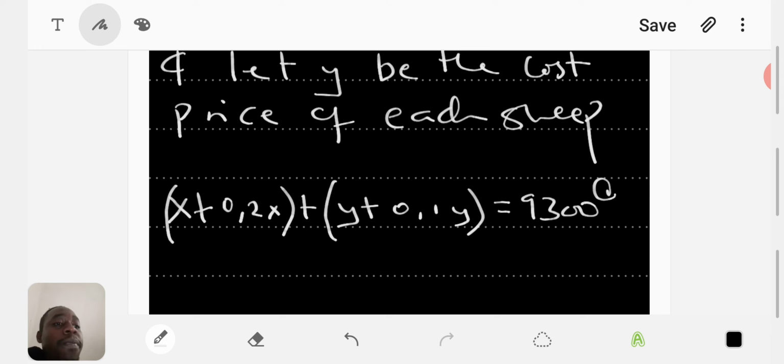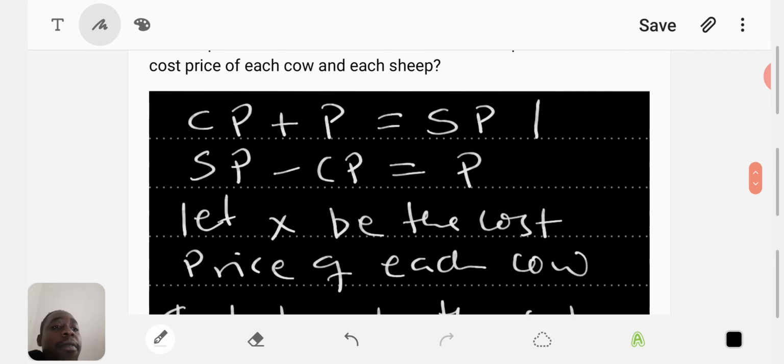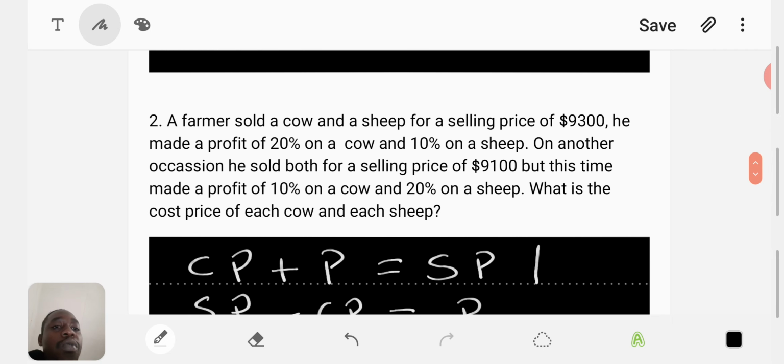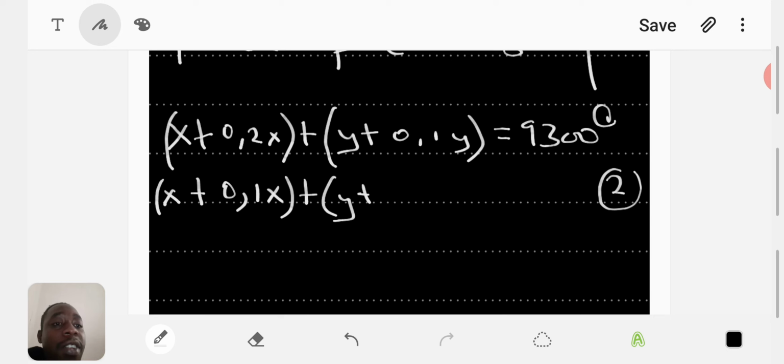Then equation 2: from the statement, the total selling price is 9,100, but now our profit percentages are vice versa, which means x plus 0.1x here, plus our y where we made 20%, which is 0.2y, and we get 9,100, since we made less here.